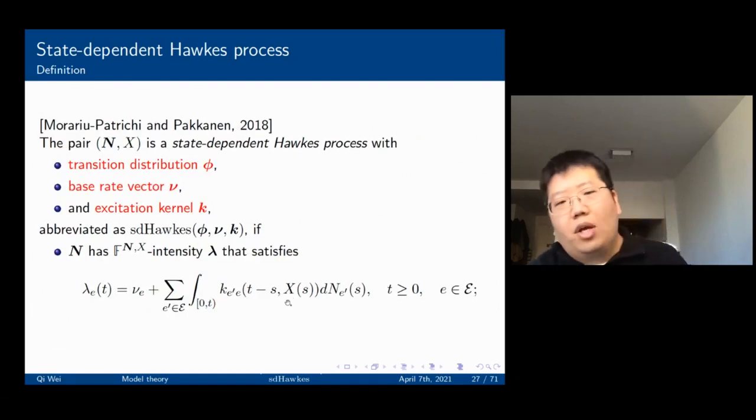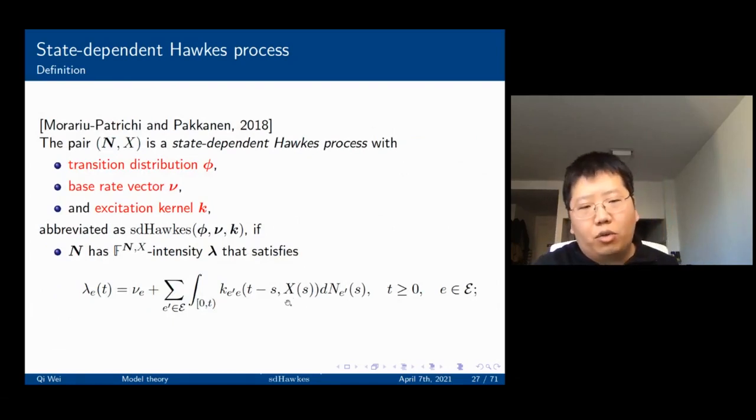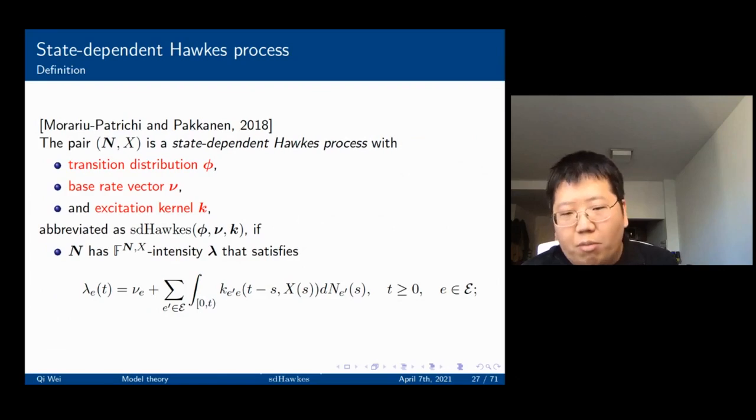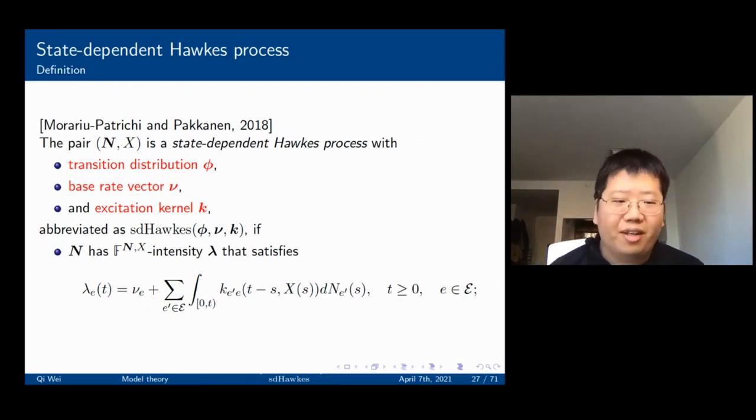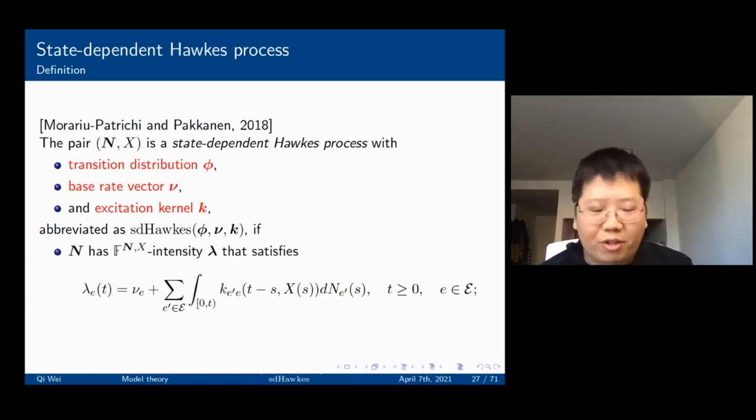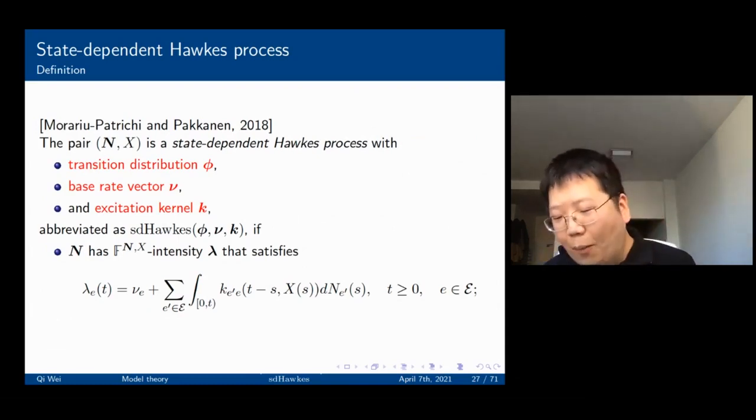For example, when the spread is equal to 1 tick, the influence of event E prime on E is different from when the spread is larger than 1 tick. This makes much sense in the financial market, because when a stock is popular, people want to buy, and your buying action does not cause that much influence on others, since everybody knows it's popular.